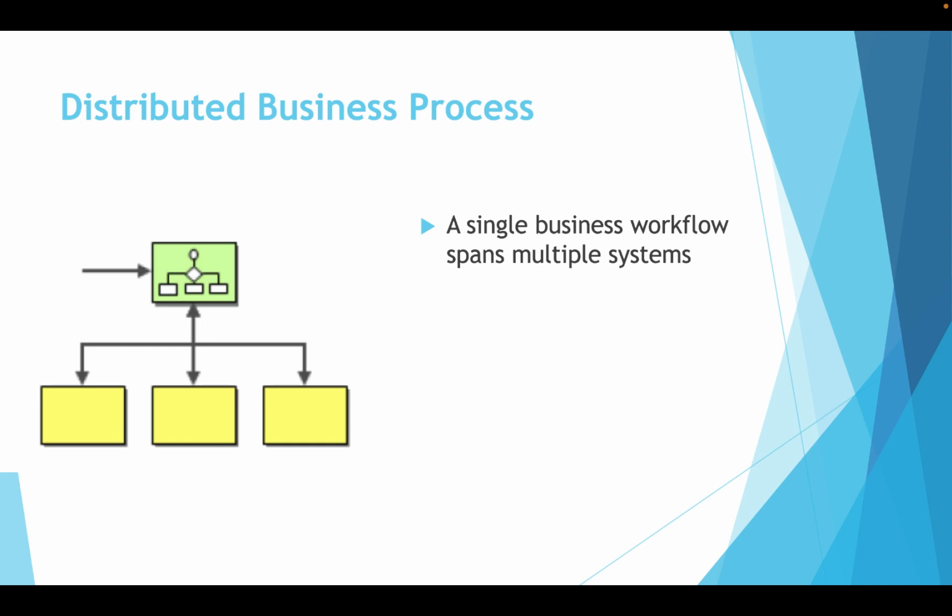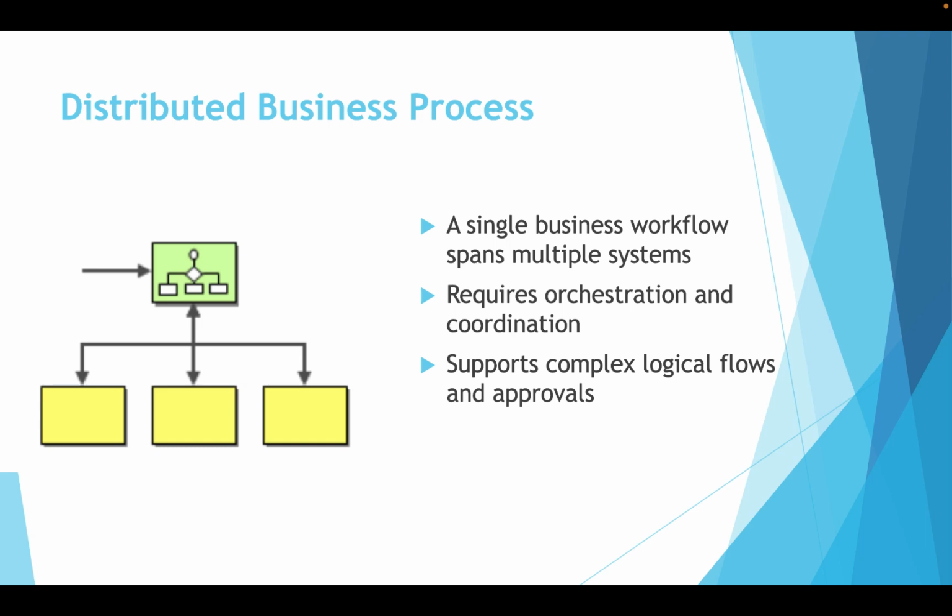In that scenario, you will apply distributed business process, and to complete one process, you have to talk to multiple systems. Okay, and your data flows both ways. All right. The next one is requires orchestration and coordination. All right, then we have support for complex flow and approvals.